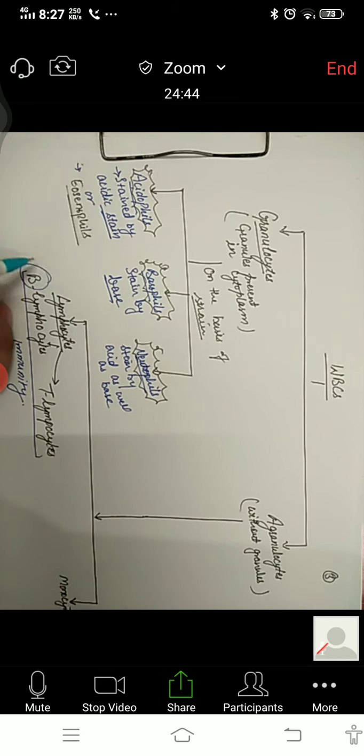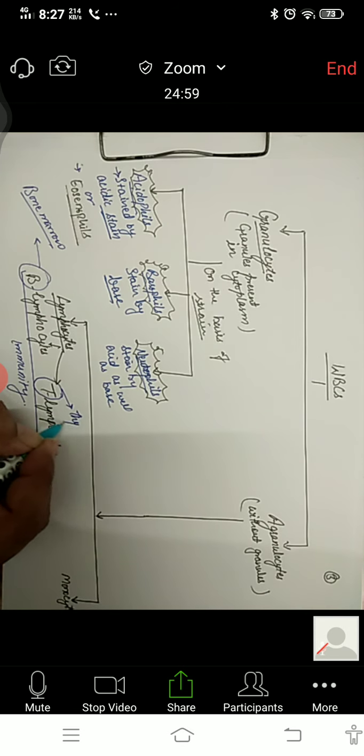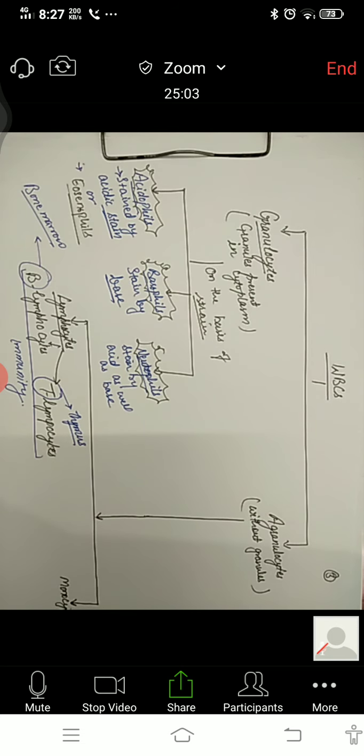Here the letter B stands for bone marrow, meaning those lymphocytes formed in bone marrow are called B lymphocytes. T represents thymus. Those lymphocytes formed in the thymus are called T lymphocytes.